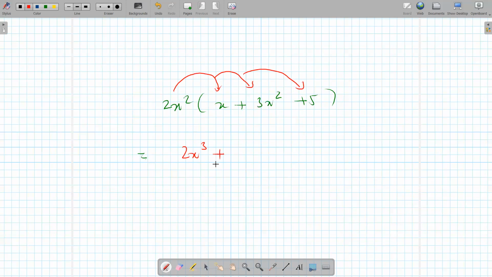Plus 6x to the power of... no, not 3. What's x squared times x squared? x to the 4, right? You add the exponents. What about the last term? 10x squared. Yeah, that's it. Okay, 10x squared.